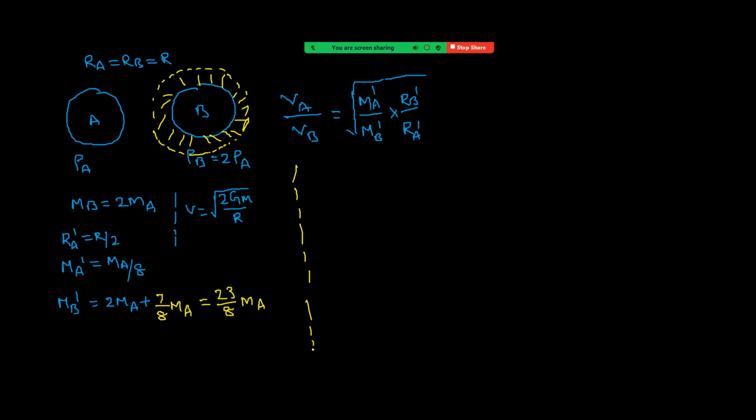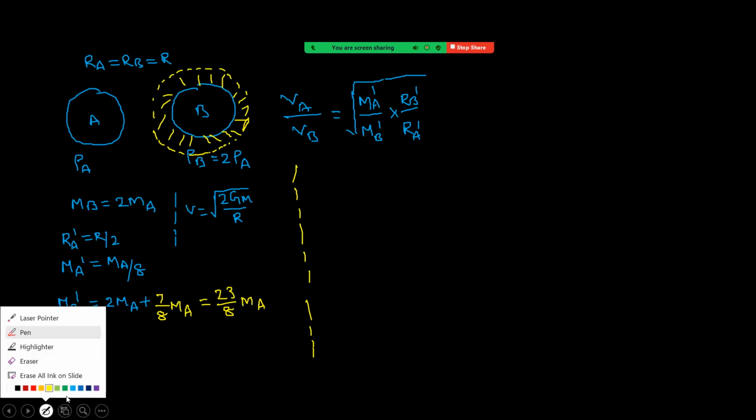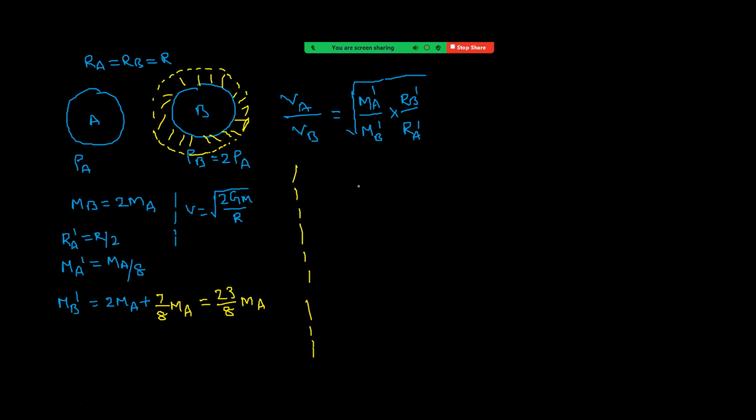To find that RB dash, so I can write the total volume is now 23 by 8 MA. MA means volume 4 by 3 pi R cube into density of A, right? That is equal to the mass of the inner part.